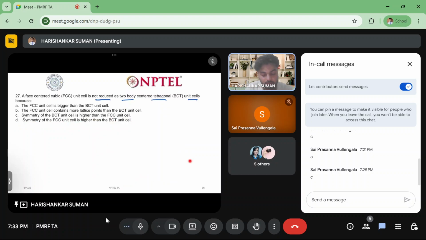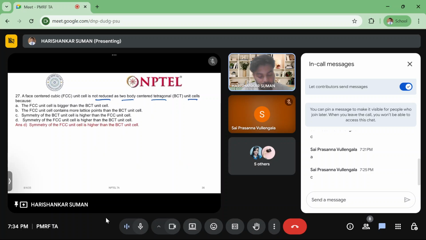Next question. A face-centered cubic FCC unit cell is not reduced to a body-centered tetragonal unit cell because the FCC unit cell is bigger than the body-centered tetragonal BCT unit cell; the FCC unit cell contains more lattice points than the BCT unit cell; symmetry of the BCT unit cell is higher than the FCC unit cell; symmetry of the FCC unit cell is higher than the BCT unit cell.